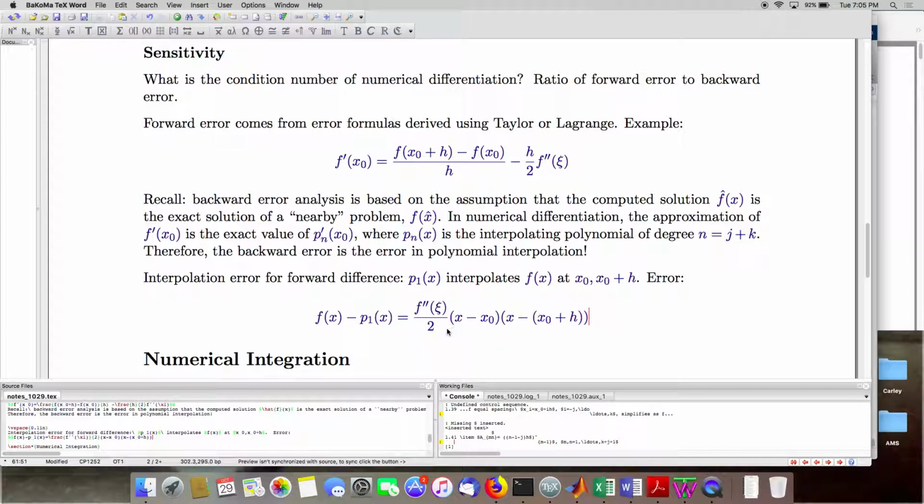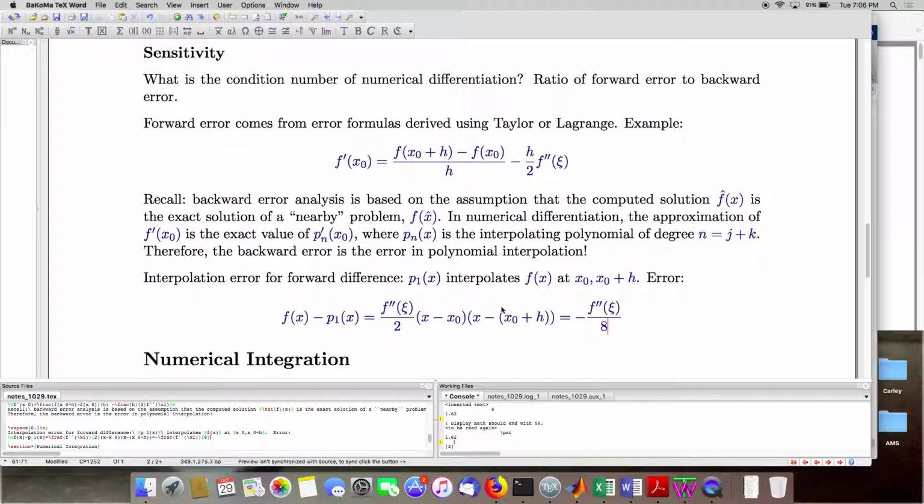Now, it can be shown, I won't go through all the mechanics here, that whenever you have 2 points of spacing h, and you take the maximum of this, the maximum turns out to be at the midpoint, and it always turns out to be the spacing divided by 4. So this is equal to minus f double prime at an unknown point over 8, times h squared. So that's our backward error, and this is our forward error.